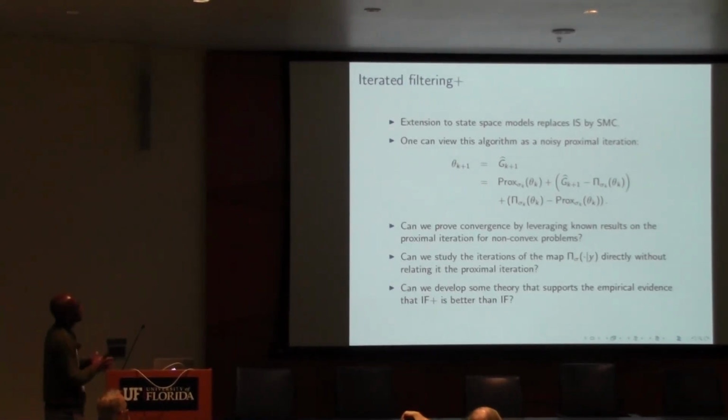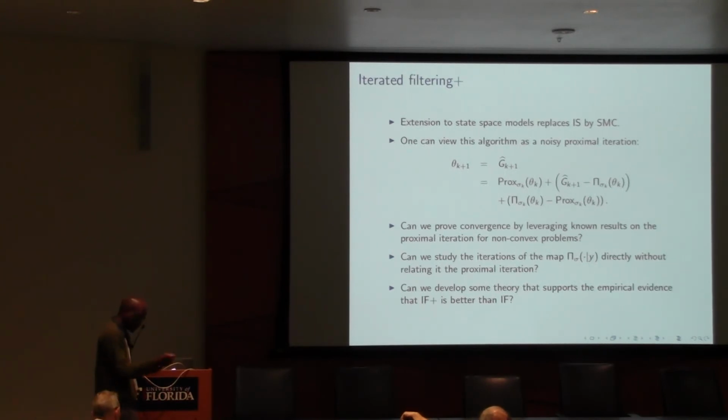So there's still a lot of things that we could prove about this, and whether we could rigorously say that this scheme performs better than the other one is also another question that we're very interested in, because in the simulation we see the difference between the two.